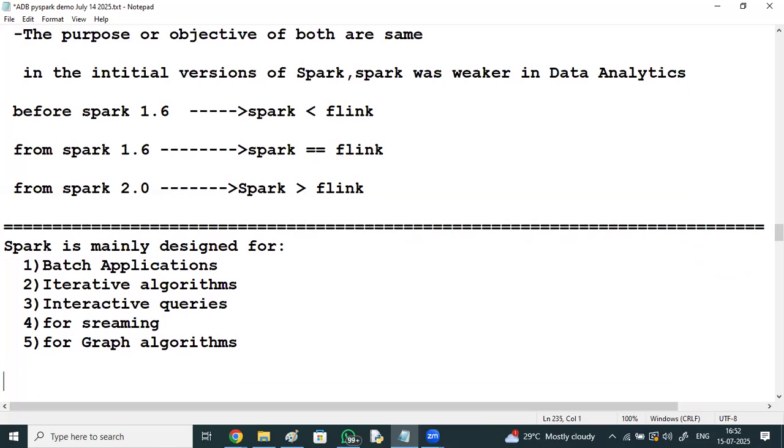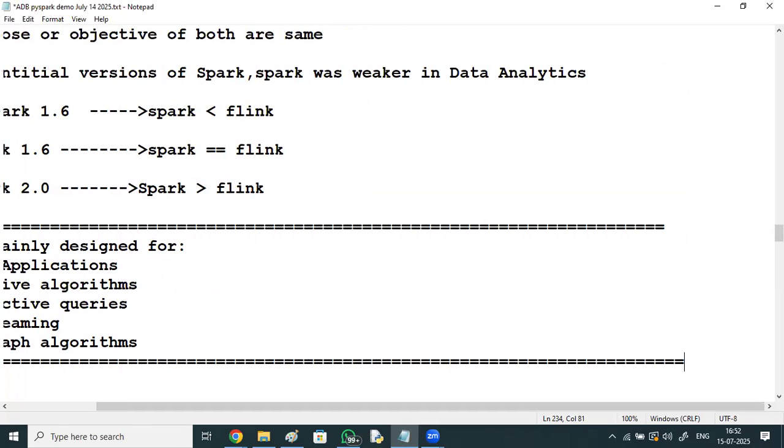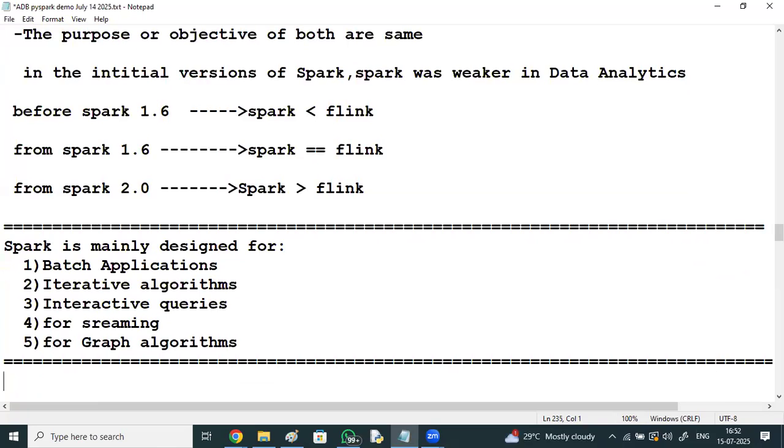So Spark is mainly designed for batch, iterative algorithms, interactive queries, and streaming.